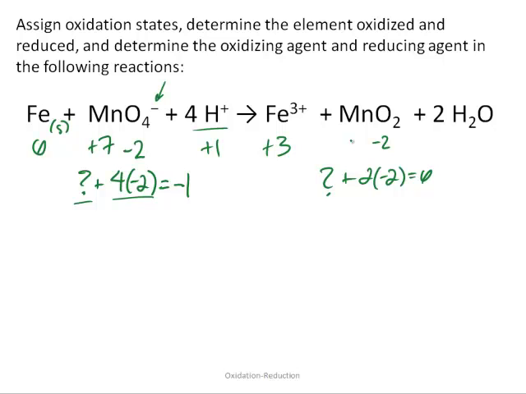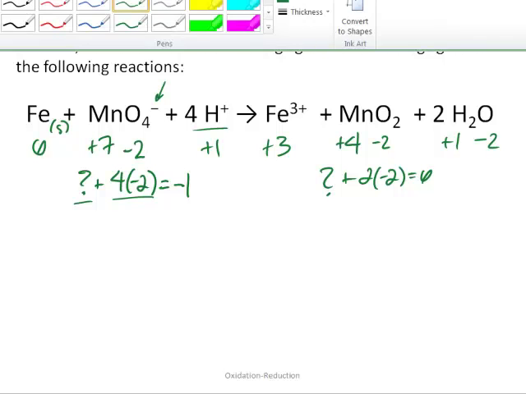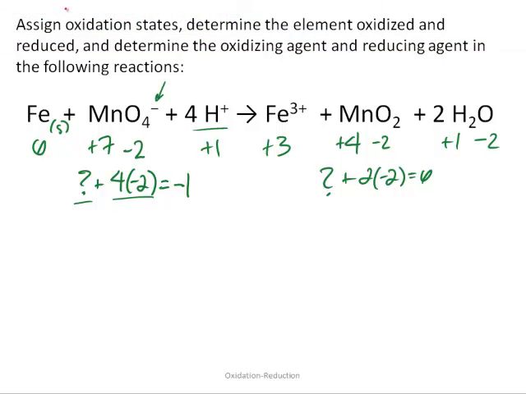That has to be plus 4. And then finally, we've got our water again, and minus 2 for the oxygen will give us our plus 1 for the hydrogen.